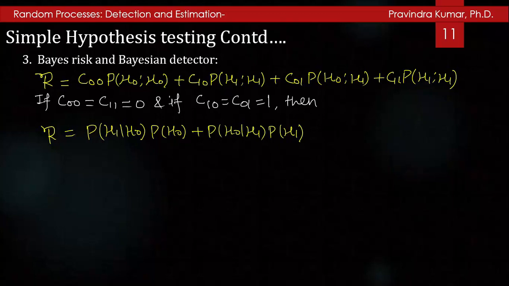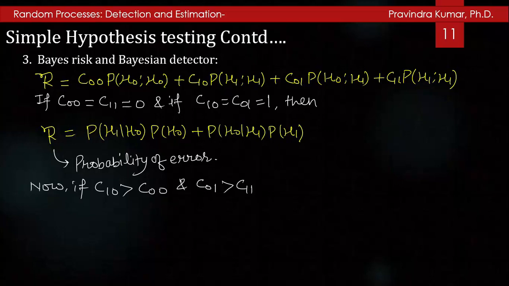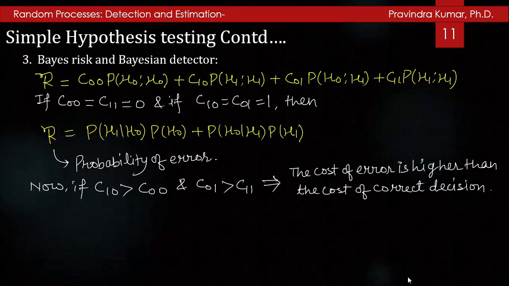And in this case, when C00, C11 is equal to 0 and C10, C01 is equal to 1, this Bayes risk is known as the probability of error. And if C10 is greater than C00 and C01 is greater than C11, that is, the cost of error is higher than the cost of correct decision.